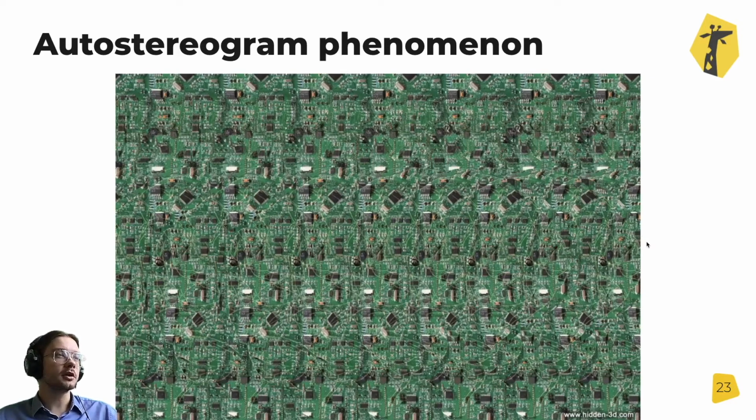This phenomenon is connected with stereo vision, and it is called an autostereogram. You could stop the video and look kind of through the screen of your monitor, and you will see the shape.